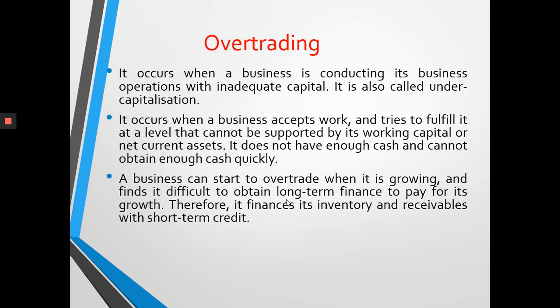If you have established a track record, then they're willing to give you financing. But if you are new, they usually don't give long-term financing. They might just give short term. So when you're growing without the help of financing, you will face difficulties. You want to have sufficient finance to purchase inventories and receivables with short-term credit.